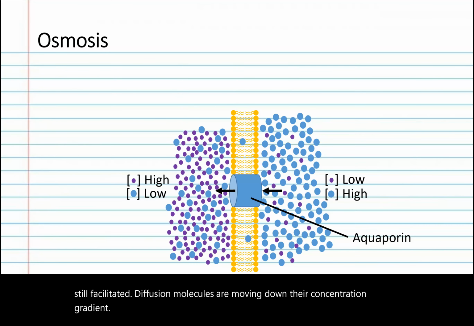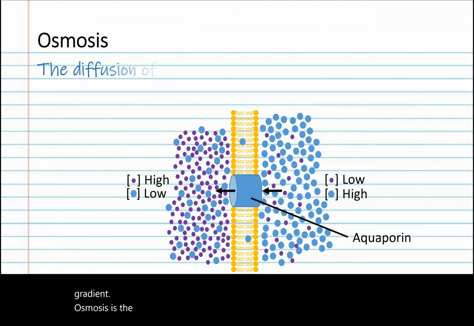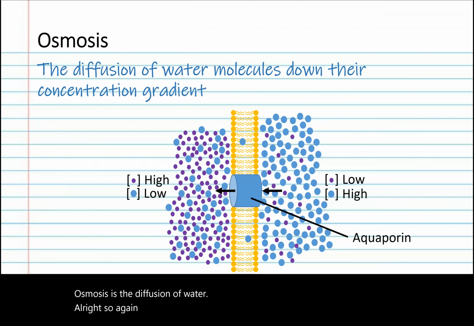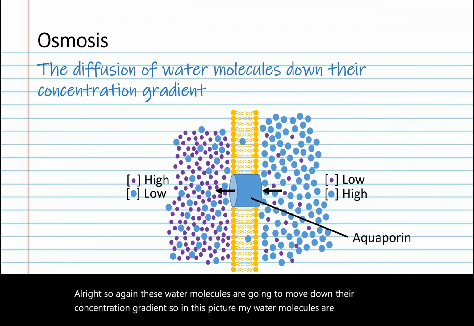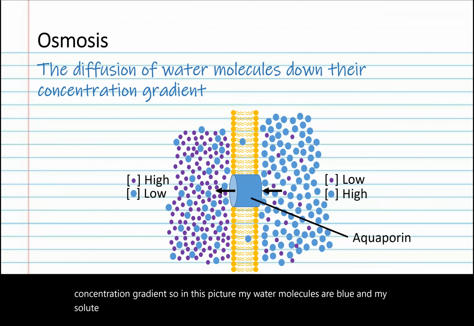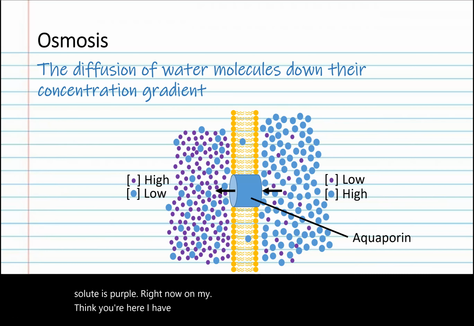Osmosis is the diffusion of water, all right? So again, these water molecules are going to move down their concentration gradient. In this picture, my water molecules are blue and my solute is purple, all right? Now on my figure here, I have a protein called an aquaporin.